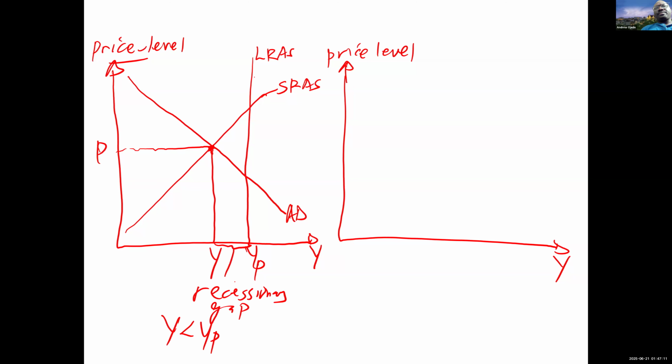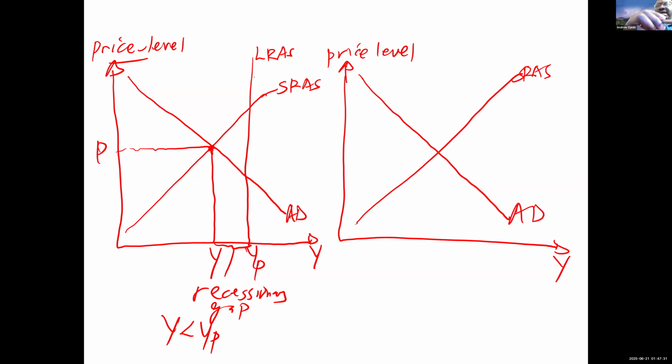And in this case, we have the inflationary gap, which is a short-run macroeconomic equilibrium that produces an inflationary gap. It happens when the intersection between aggregate demand and short-run aggregate supply happens to the right of the long-run aggregate supply curve. Remember, your long-run aggregate supply curve determines your full potential GDP.